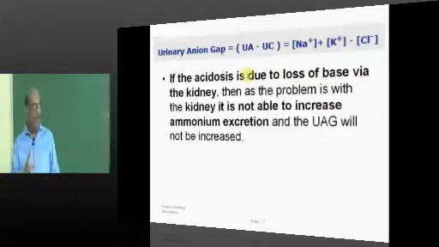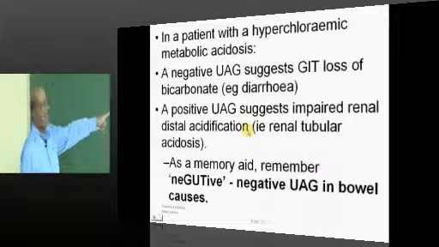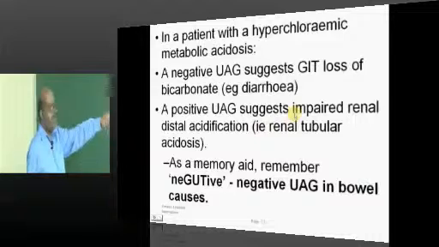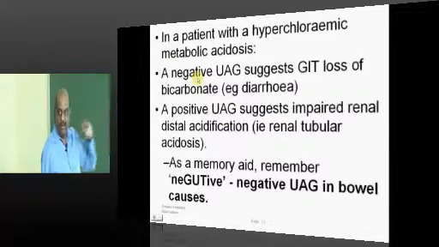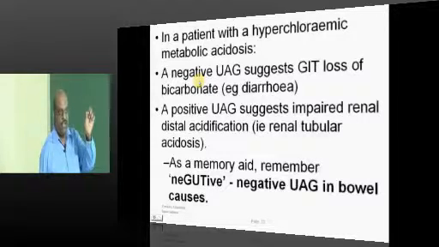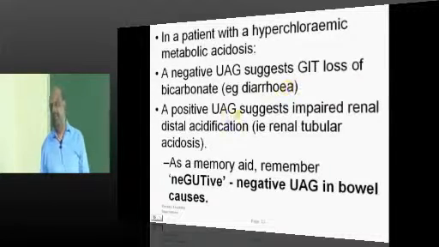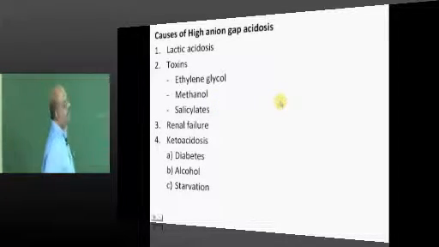So to differentiate between the two, another way to remember is a positive urinary anion gap means kidney's distal acidification is impaired, but a negative, that means a reduced urinary anion gap means gut is the one which is basically responsible. That is the place where we use the urinary anion gap, is what I want to underscore to all of you.